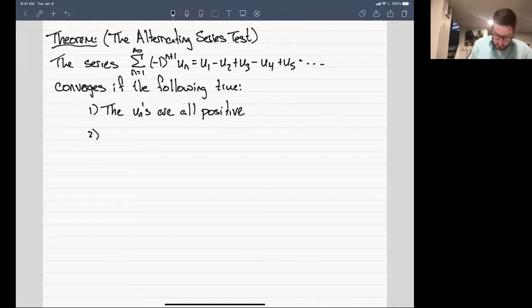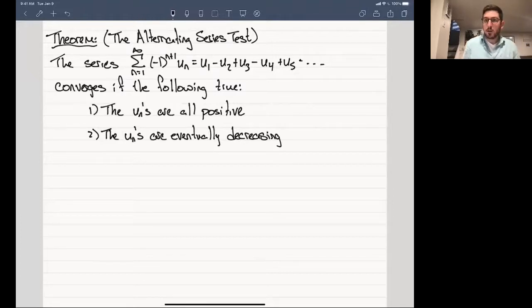Also, the u_n are eventually decreasing. So we saw that one of the last examples that we did in the previous video, we saw that actually the a_n were increasing, and we could use this to figure out that our series diverged, even when I believe it was the ratio test told us that it didn't work.